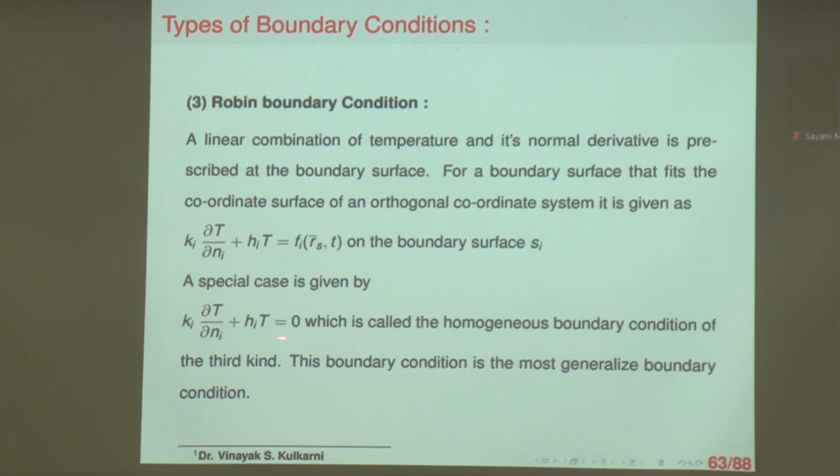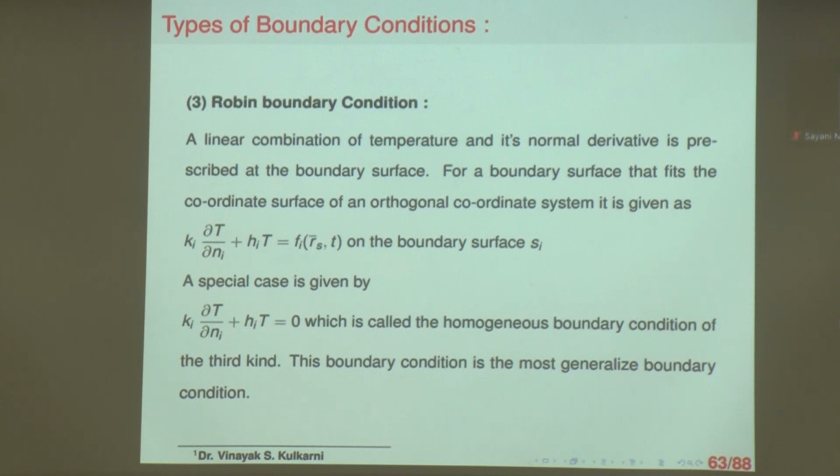Now this third kind boundary condition, if this equals 0, is known as a homogeneous boundary condition, and actually this is nothing but Newton's law, because if I shift this term over here, it will give you the rate of exchange of temperature. As I told you yesterday, there is conduction, convection and radiation. Once this body is heated up, it will start to convect heat within the surrounding media. So the rate of convection can be calculated with the help of this boundary condition.